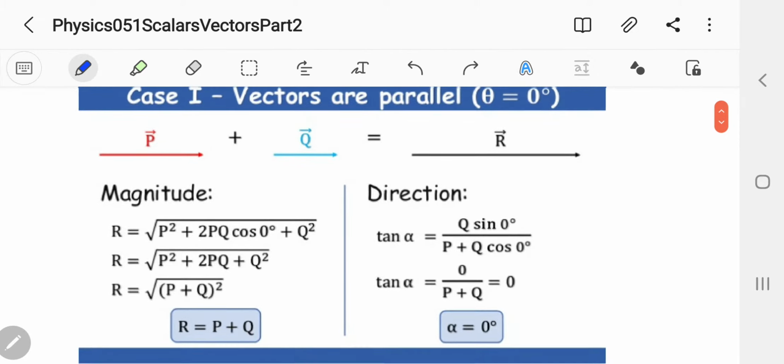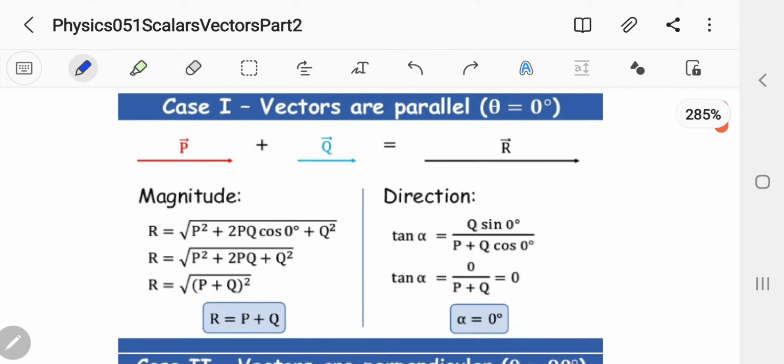As an example, case 1: vectors p and q are parallel. This means theta is 0 degrees.